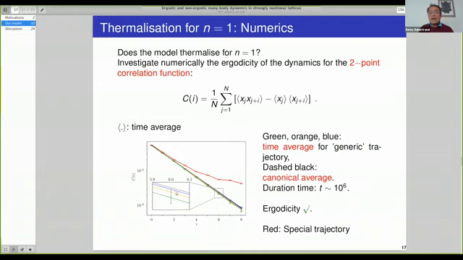So when growing N, the time average seems to, at least at the numerical level, converge to the phase space average. And so in that sense, we can say that we see ergodicity for this system.